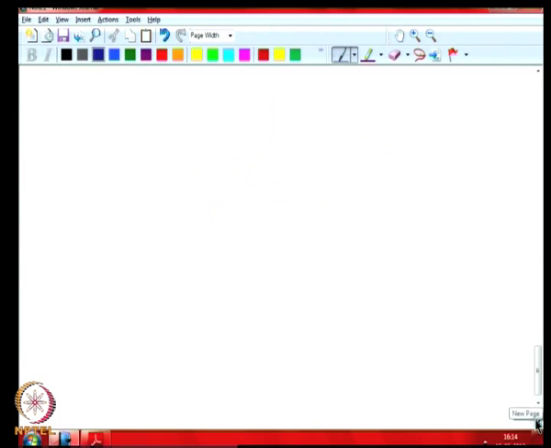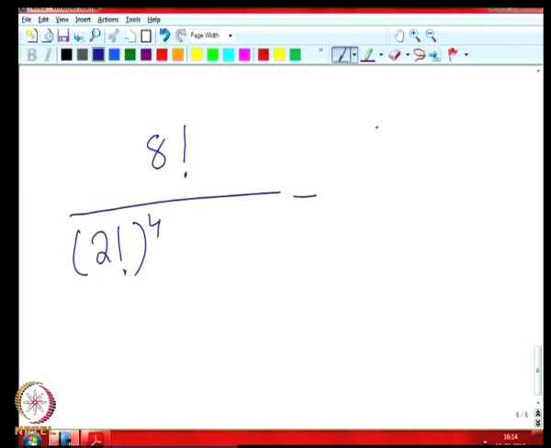So, therefore, the total number, which was 8 factorial divided by 2 factorial raised to 4, minus 7 factorial divided by 2 factorial raised to 3, will give you the answer. I am not calculating it. So, this will be the answer.